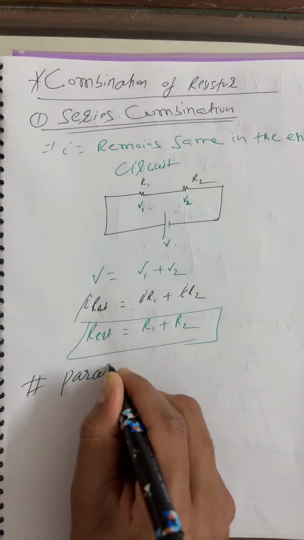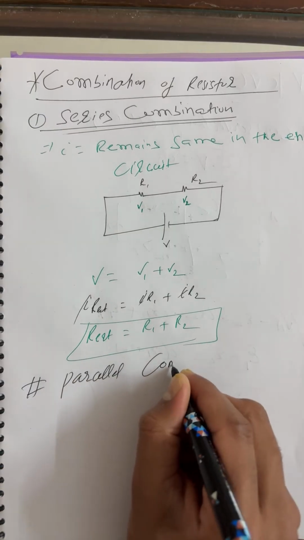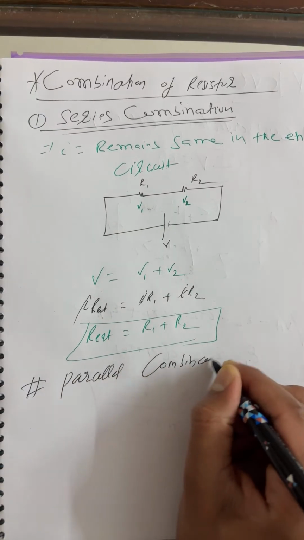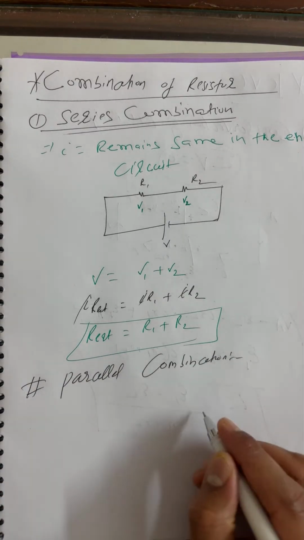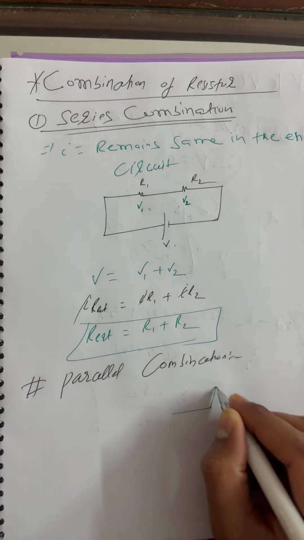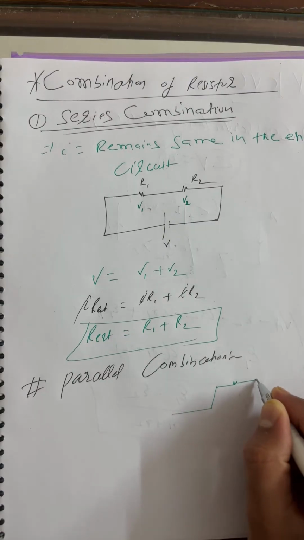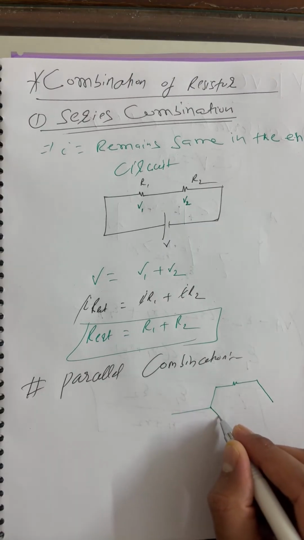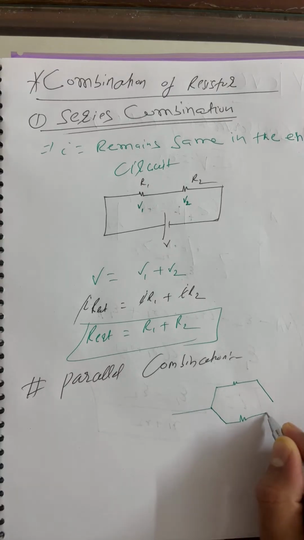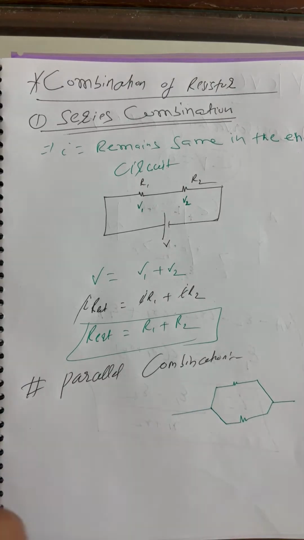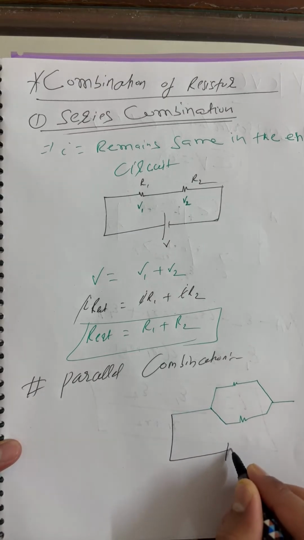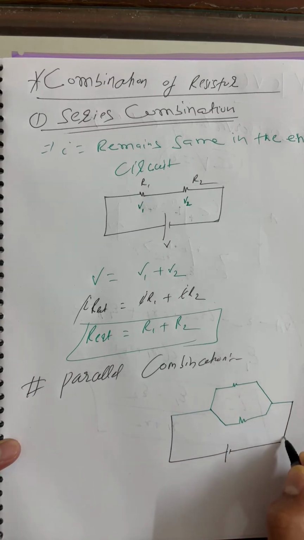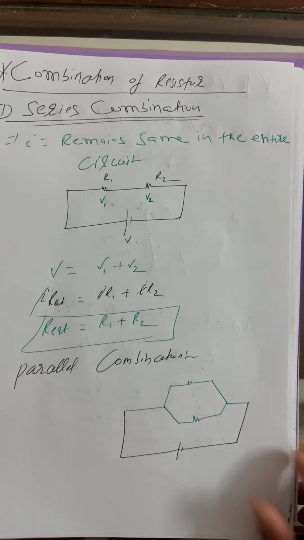Parallel combination. So we can take for consideration R1 and R2, the entire circuit connected to a V volt battery.